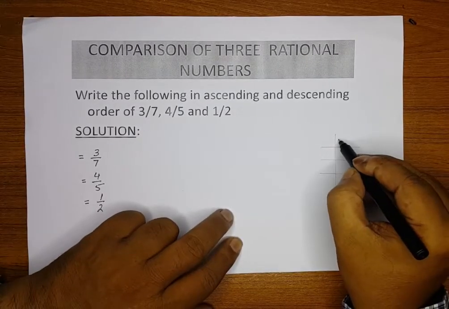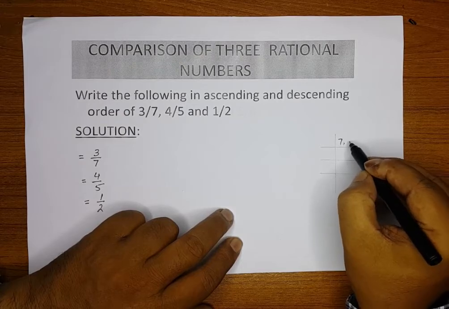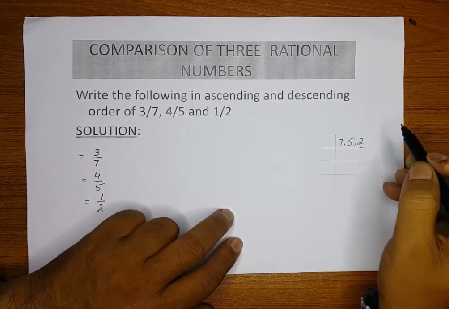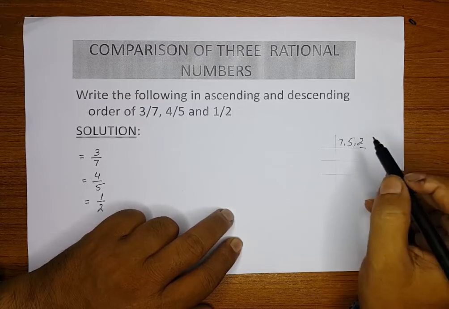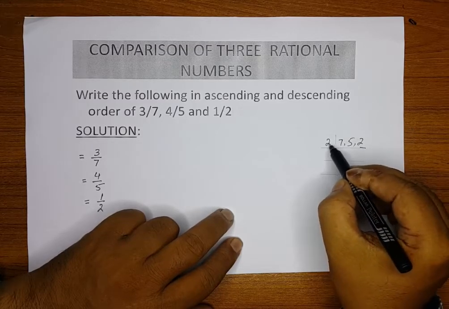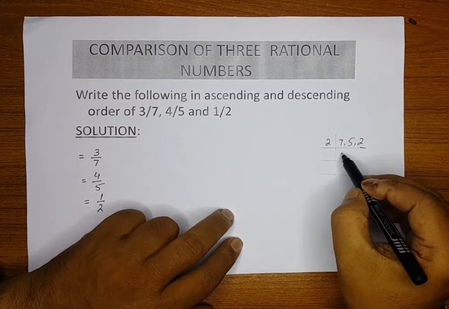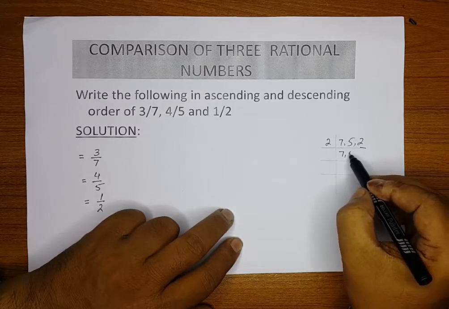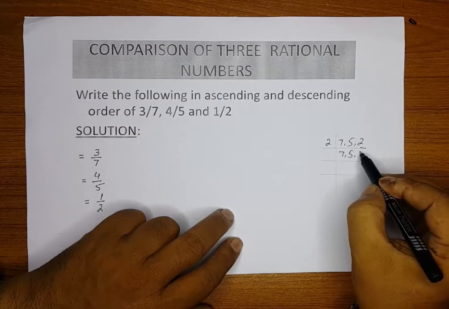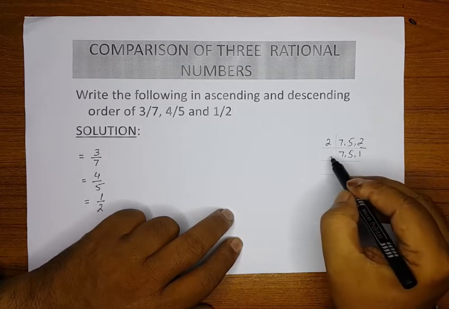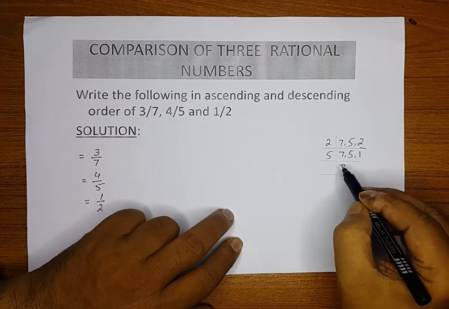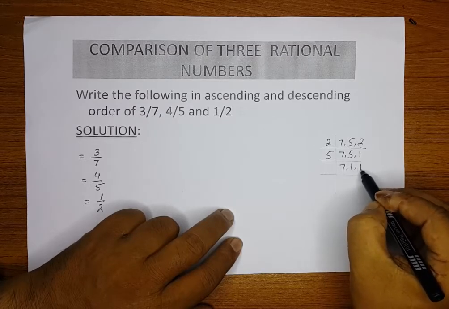The numbers are 7, then 5 and then 2. So start from the smallest prime number, that is 2. 7 is not divisible by 2, so copy down. 5 is not divisible by 2, so copy down. So 2 ones are 2. Then 5: 7 is not divisible by 5, so copy down. 5 ones are 5.